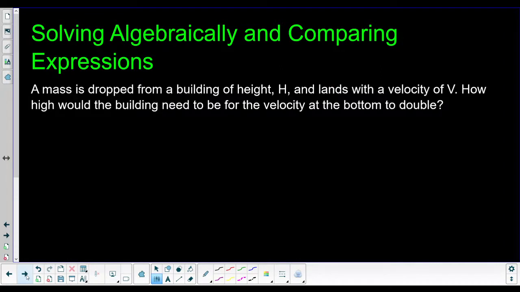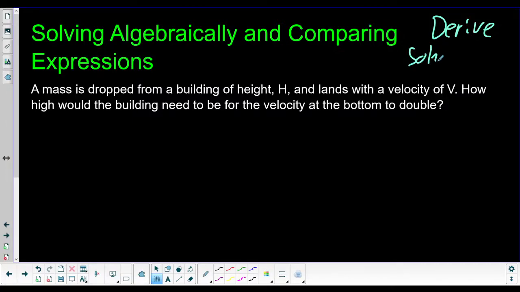All right, so let's start with this solving algebraically. This is one that likes to show up on the AP test. A lot of times they'll use words like derive.